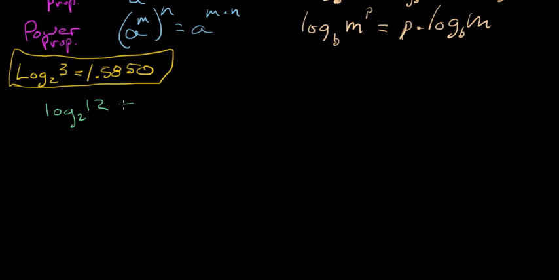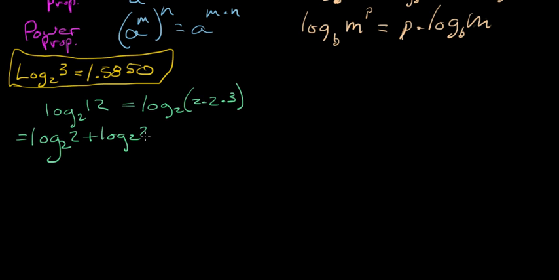So what this is equal to, remember 12 is equal to 4 times 3, which is equal to 2 times 2 times 3. Now why would I break it down like this? Well, first of all, log base 2 of 2 plus log base 2 of 2 plus log base 2 of 3.